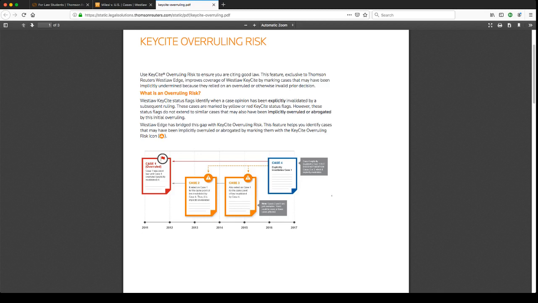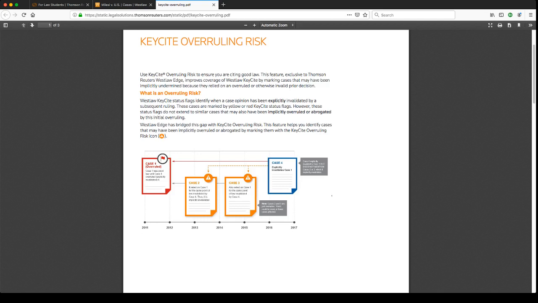Take a look at this handout here in the graphic. You'll see that case number 1 was decided in 2011. Now, case number 1 was good up until 2017 when case number 4 explicitly invalidated case number 1 for a particular issue, kind of like the Mustafi case that we just saw.